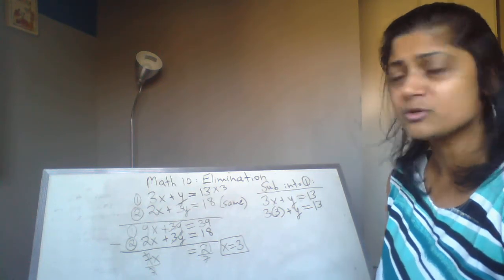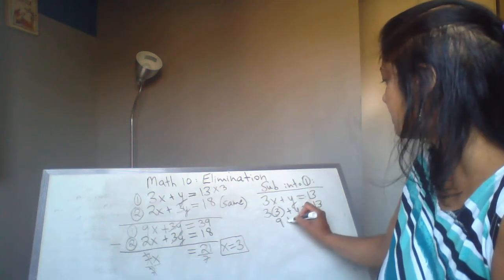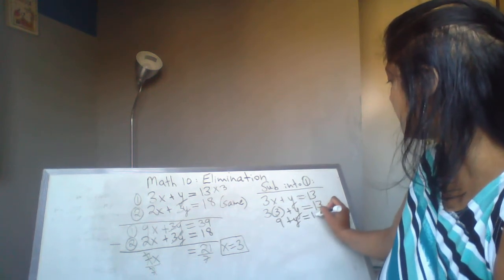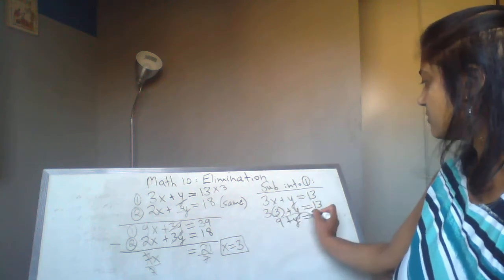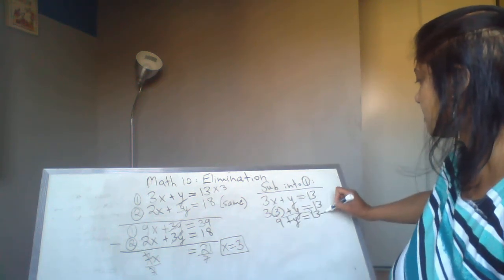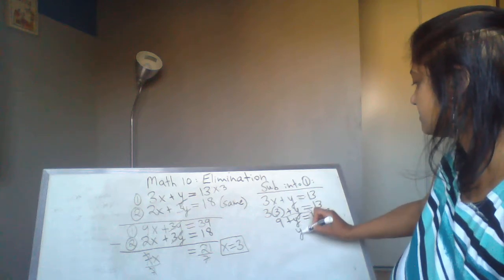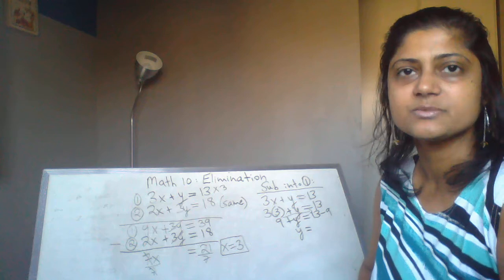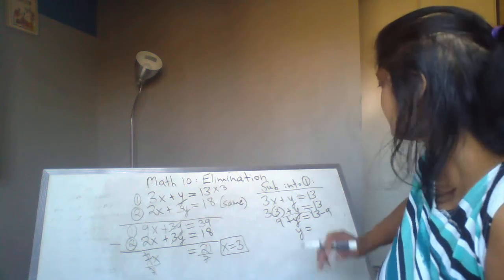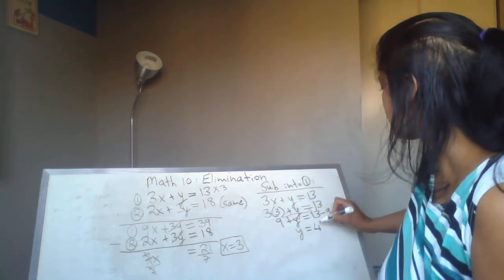So this is just to show you here. So I have 3 times 3, 9, plus y equals 13, all right? You're going to take this 9 over to the other side, and I'm going to subtract it. Okay, so we can see that on the other side is going to be 13 minus 9, which is equal to 4.